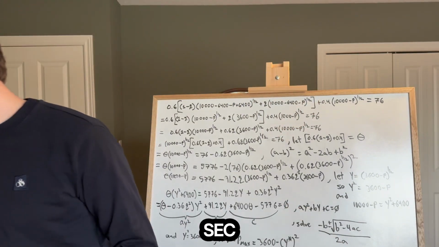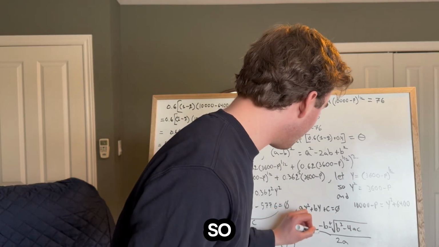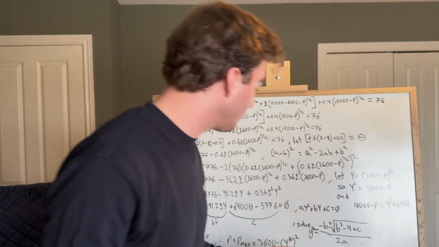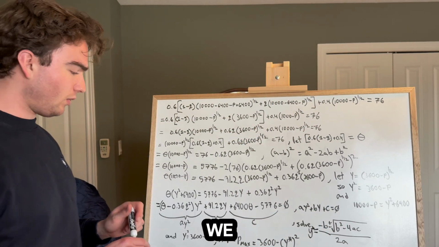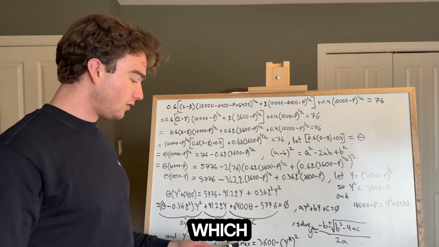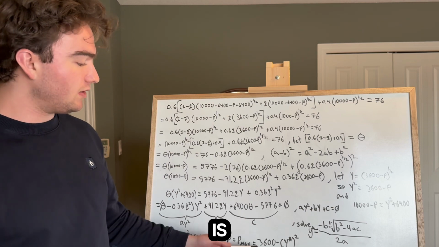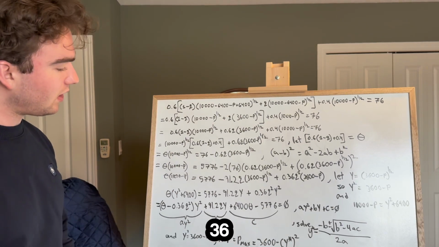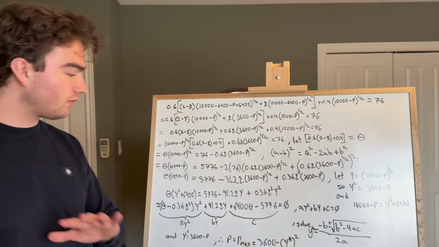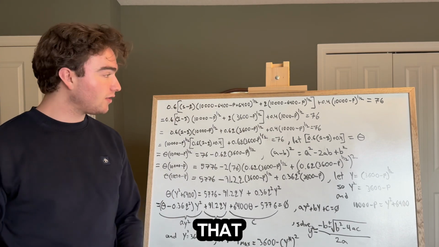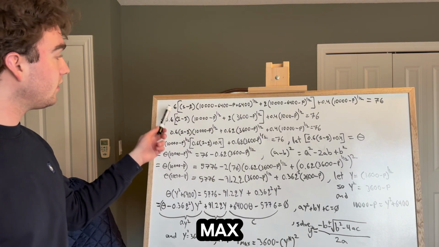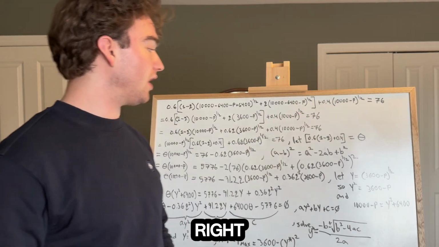Give me a sec. Yeah, sorry. So this equals our y right here. We already have our y defined. So therefore our p, which is equal to our Pmax, is equal to 3600 less y star squared. And that is enough. That is the explicit solution for Pmax with this story right here.